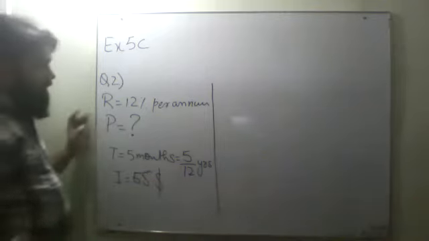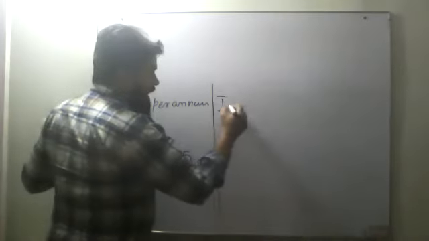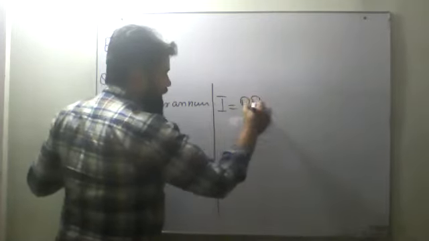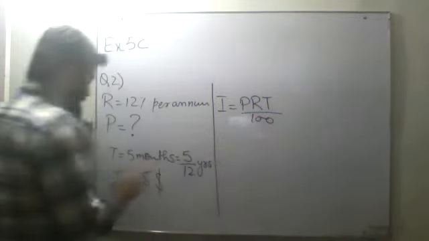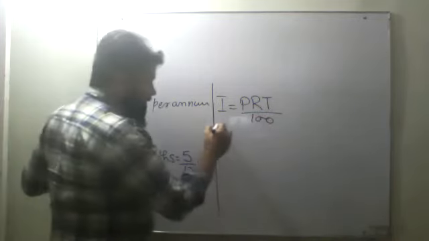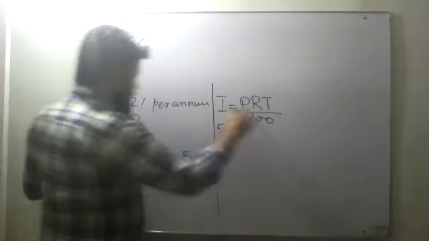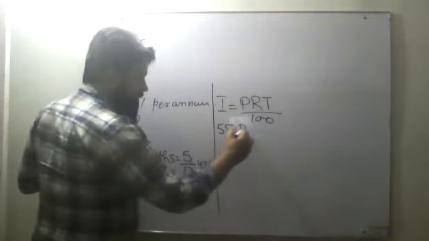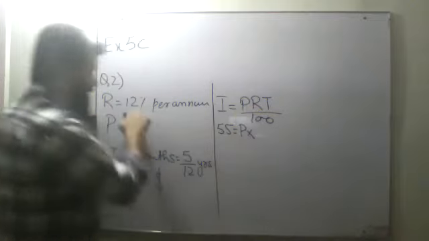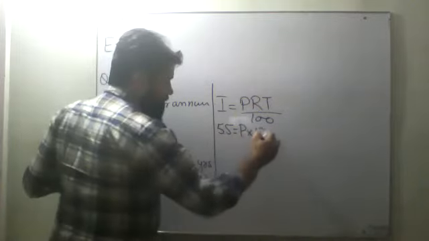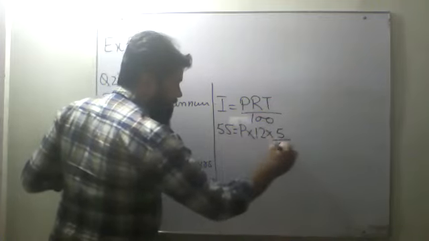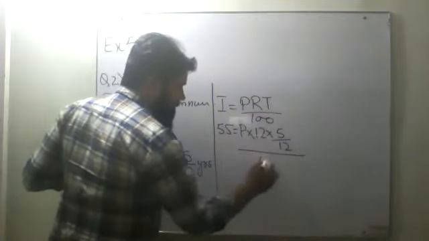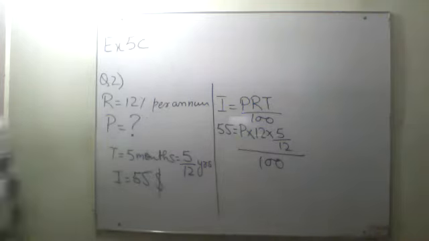So in order to find principal, I equals PRT over 100. I is given to me as 55. P I have to find. R is given as 12. Time is coming 5 over 12, divided by 100.